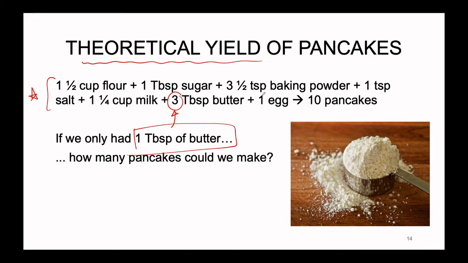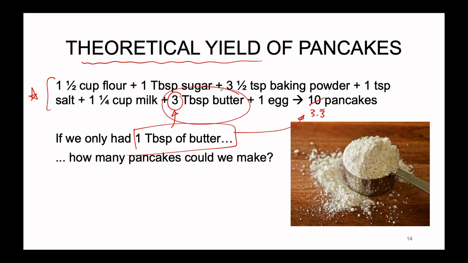This means that no matter how many eggs we have, no matter how much baking powder we have, no matter how much flour we have, if we only have 1 tablespoon of butter, we can at most make 3.3 repeating pancakes, or like 3 pancakes and a silver dollar pancake. It doesn't matter how much of the other reactants we have, if there are too many compared to one of the reactants, in this case the butter, where we don't have enough, you can't make more pancakes.